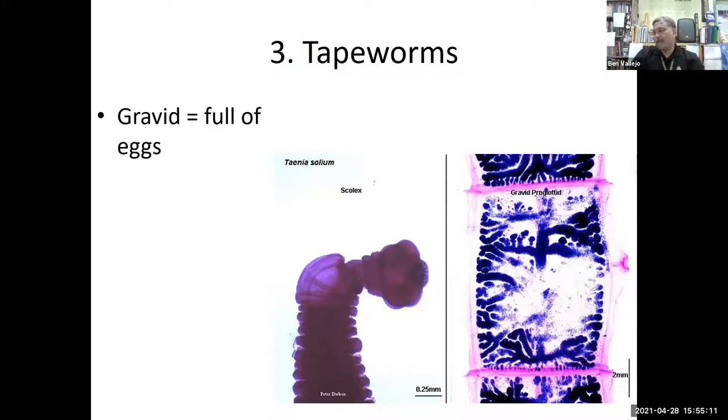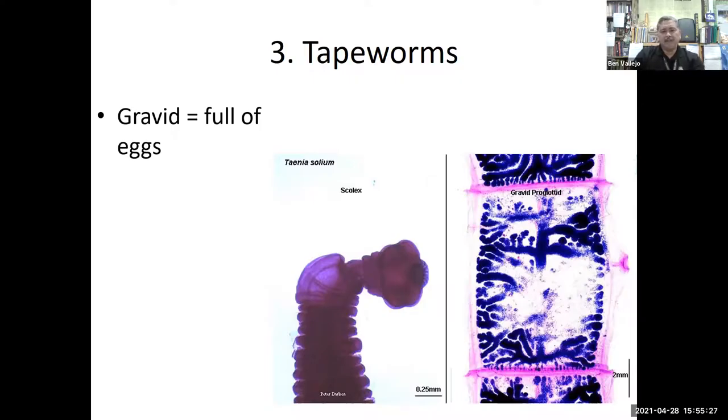Here's some close-up pictures of tapeworms. Here's a vocabulary term: gravid. Tapeworms have proglottids near the end because the ends are older, the sections are older.